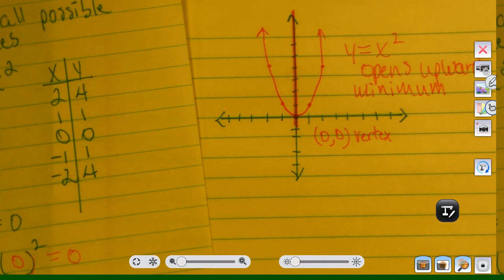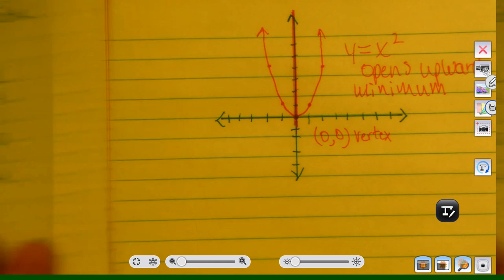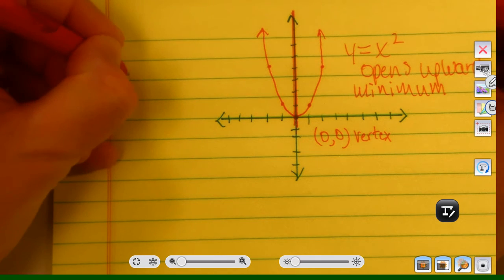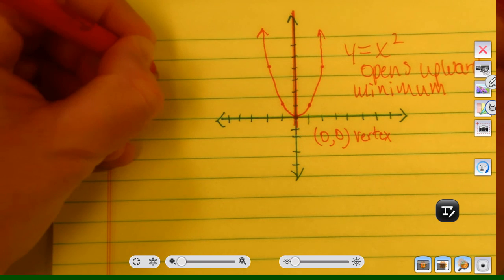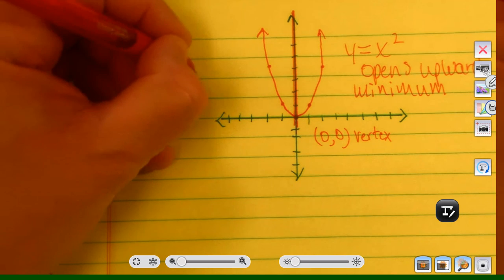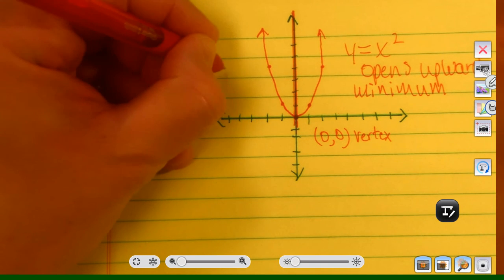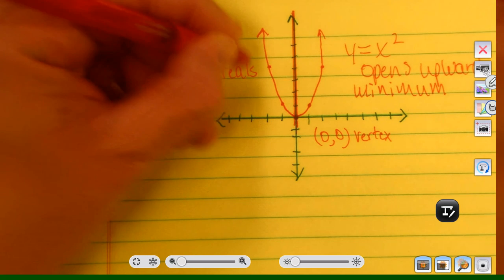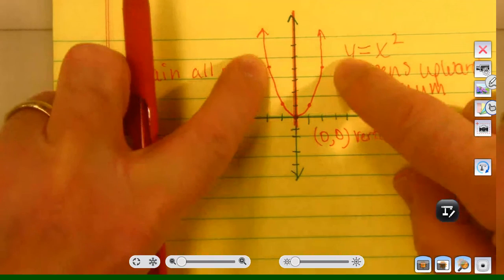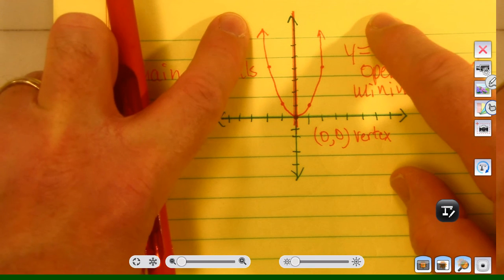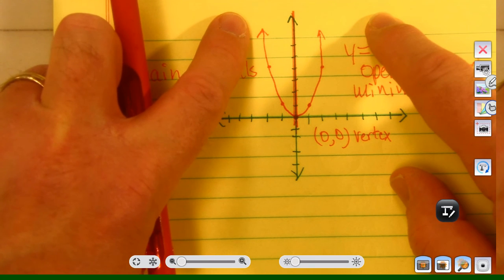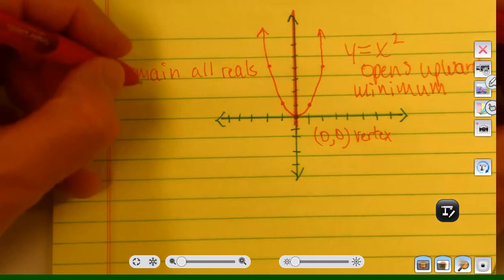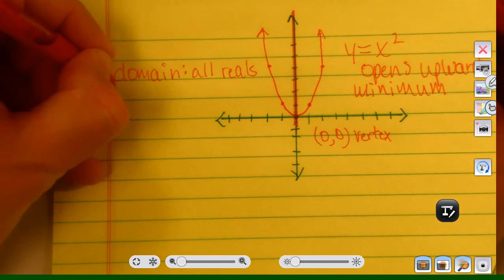Two other things I want to look at is very simply that my domain is all reals. In other words, as it goes in both directions on the x-axis, it'll cover every value forever in the x-axis. But my range is a little different.